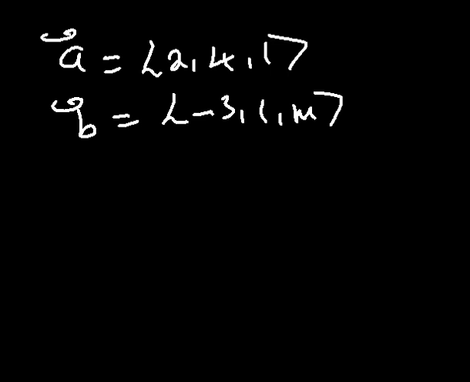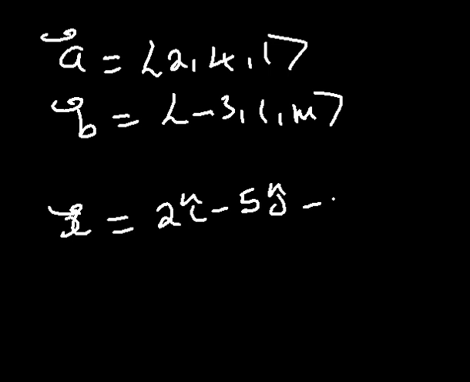Let's say we have the vector x, which is given as 2i minus 5j minus 2k.